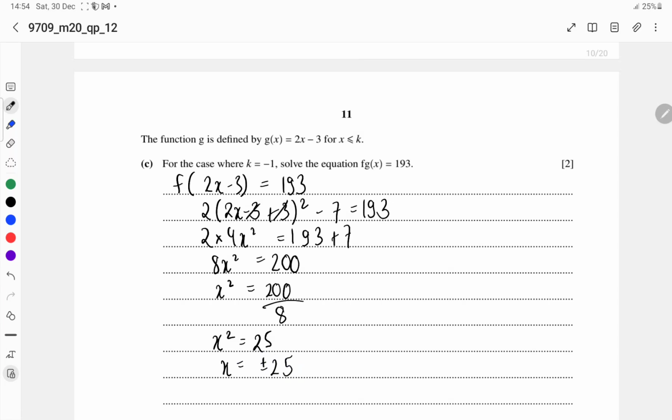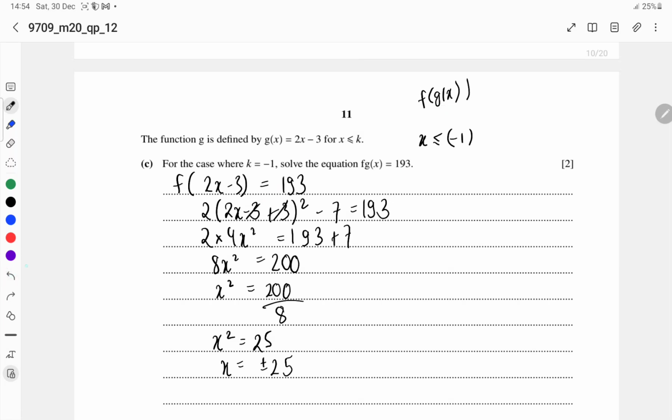Now be careful with the information that has been given to us originally. For the case k equals minus 1, the function g is defined for x less than or equal to minus 1. When we construct a function f of g of x, it's no longer going to have the domain of f(x), but rather of g(x).